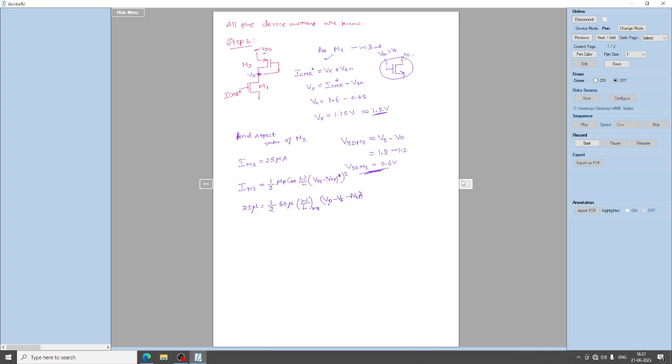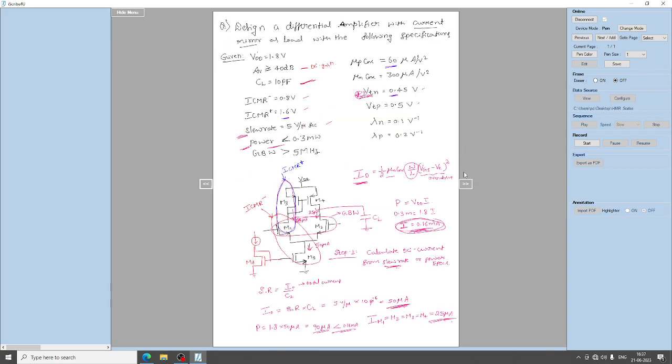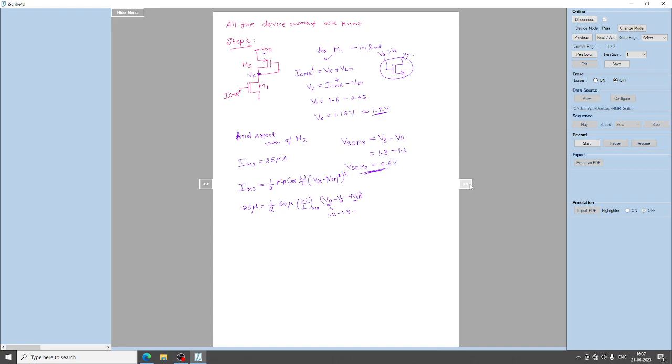The drain voltage is nothing but your Vx, which is 1.2, and the source voltage is the supply voltage 1.8, minus the threshold voltage of the PMOS transistor, which is 0.5 volts.